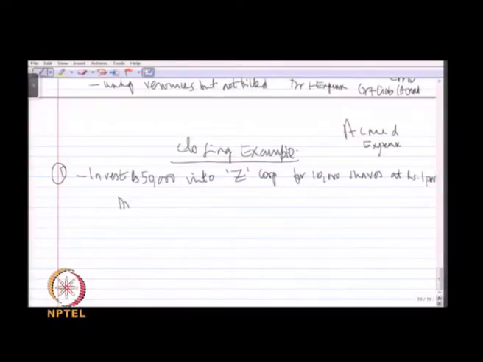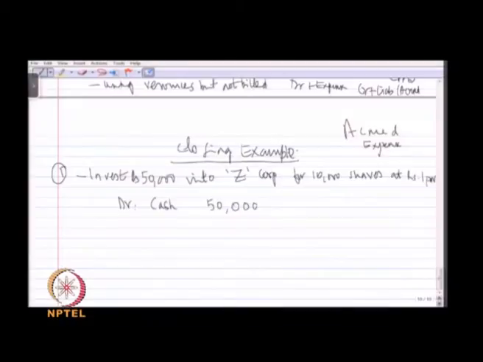So, it is debit cash 50,000. I am not going to leave it as T accounts because I would want the class to do it that way, but I will just explain the transaction from the debit credit perspective and record it in this manner, so that you can capture them in the form of a T account. Why did I do that? Because this caused an increase in the asset.